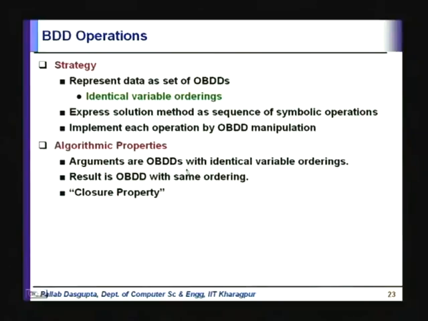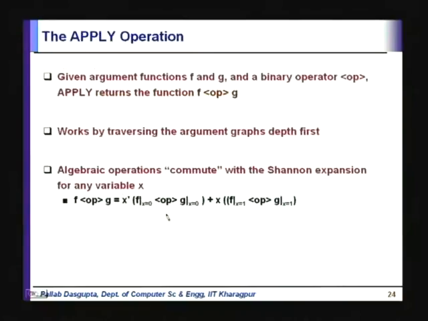The arguments are OBDDs with identical variable orderings, the result is an OBDD with the same ordering, and we are going to look at a closure property. I do not think we are going to go into an actual operation in this class, we are going to take it up in the next lecture, but let us at least see the general philosophy of doing this.